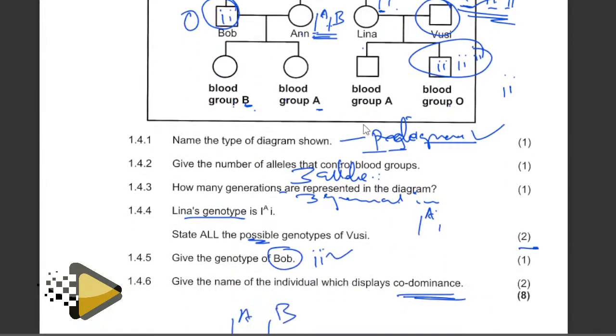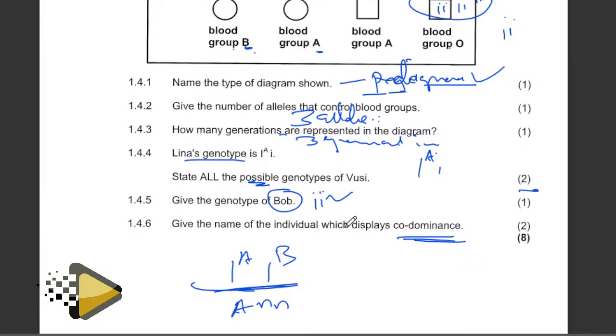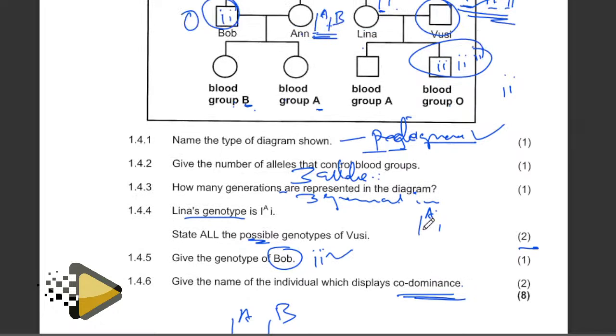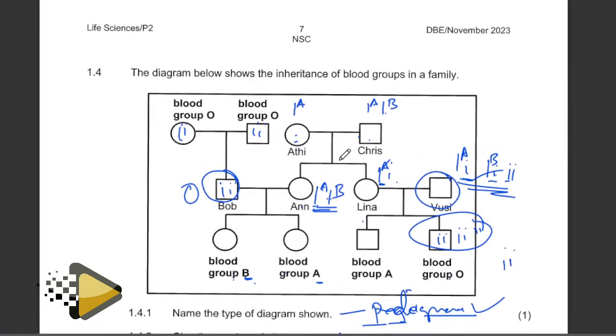Did they say give the name of the individual who displays codominancy? So Anne is the perfect answer. However, based on this and this, because I can have this here, this can be A, because if I combine this with this, I still produce this person. So either this is A like that, and then B like that, or it's like this.